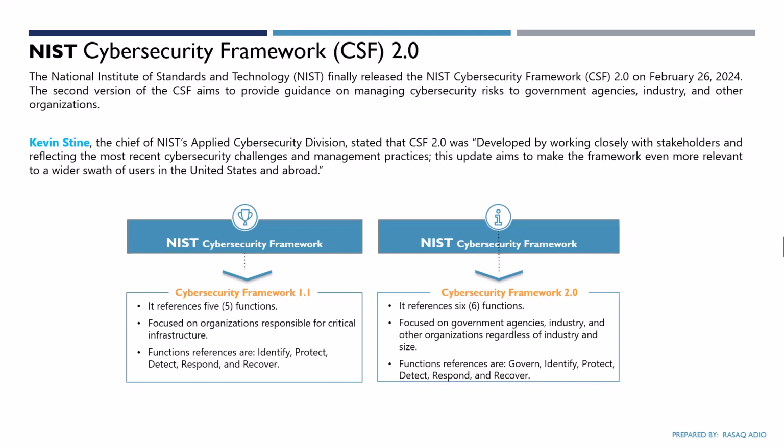You can see that 1.1 references only 5 functions, while 2.0 references 6 functions, which simply means that there is one addition of a function. Secondly, the previous version, 1.1, focused on organizations responsible for critical infrastructure.